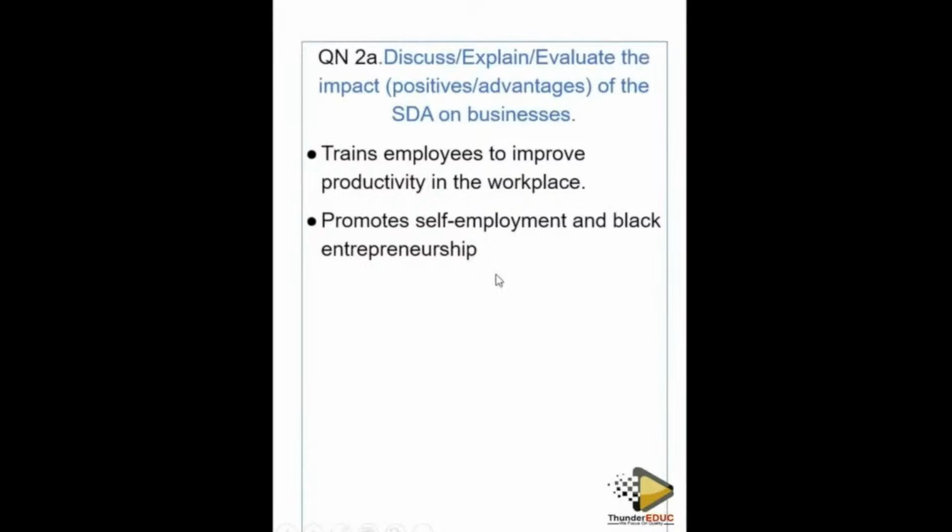Entrepreneurship, we refer to the process of combining all vectors of production to come up with profit. So here, vectors of production, we refer to land, we refer to labor, we also refer to capital. So meaning entrepreneurship entails those 3 aspects.